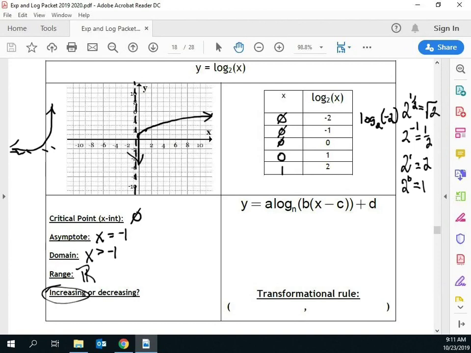Right, so the good news is there's not a lot of space in this next box to talk about transformations, so I won't get very lengthy in what I need to say. We've kind of briefly talked about it in exponentials, but your a value, if it's greater than 1, then you're looking at a vertical stretch. If it is in between 0 and 1, or a fraction, vertical compression.